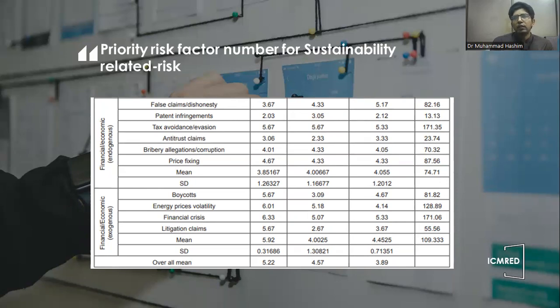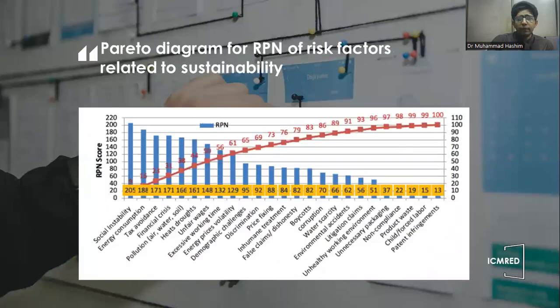The highest RPN number shows the highest impacted sustainability related risk. So further, after getting the RPN numbers, we rank the sustainability related risks, and later on we apply a Pareto diagram for highlighting the most impactful risk factors.